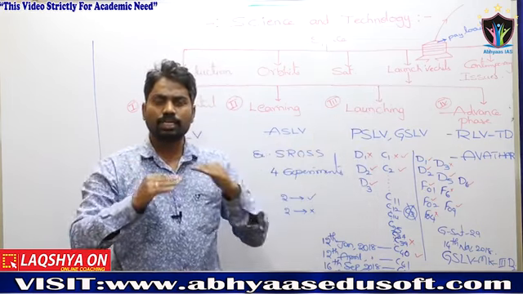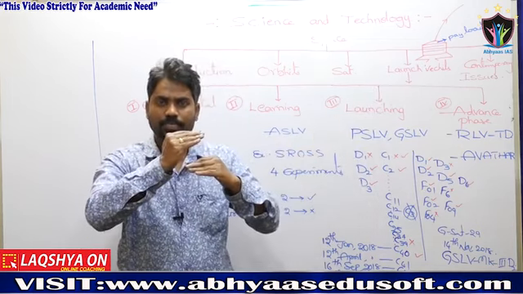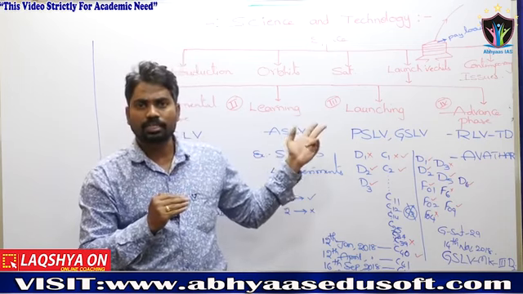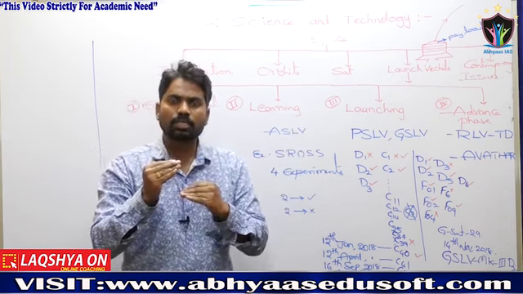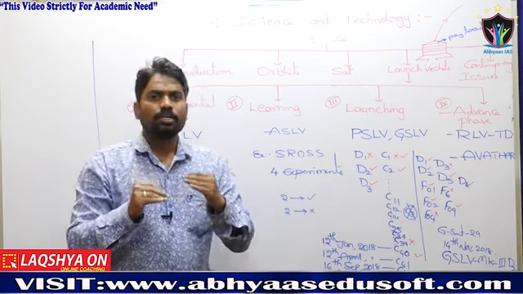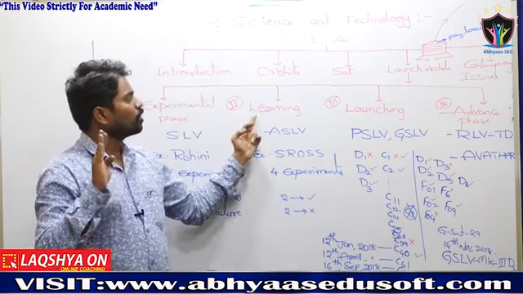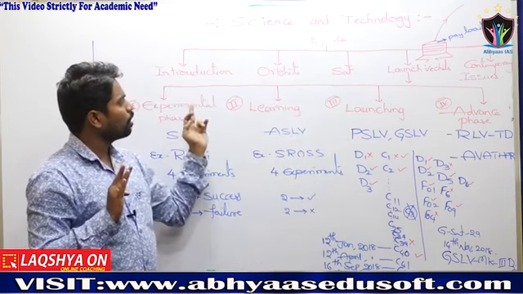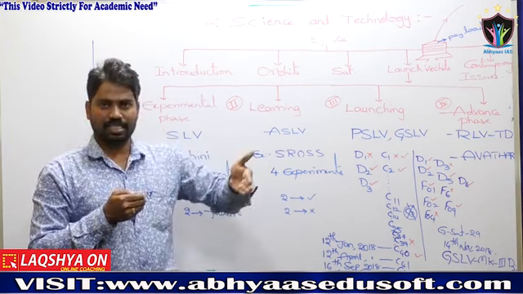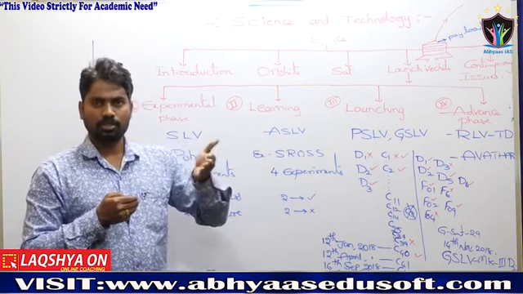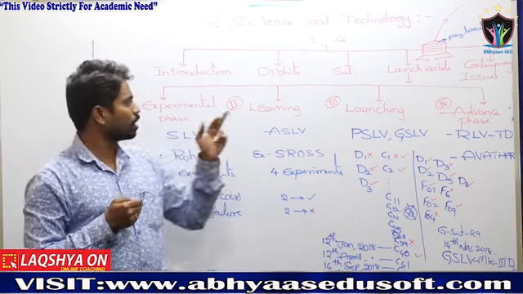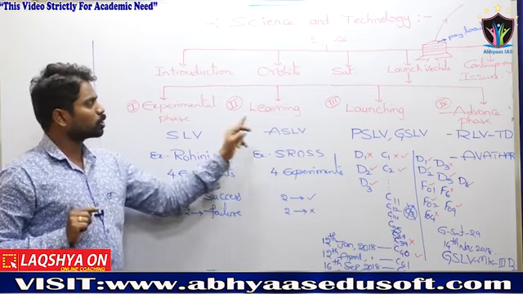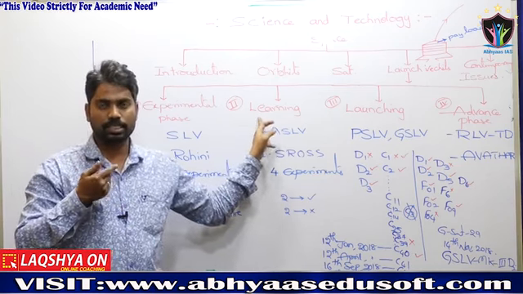To understand the development process of launching vehicles, we can classify it into four phases. Number one, experimental phase. Number two, learning phase.